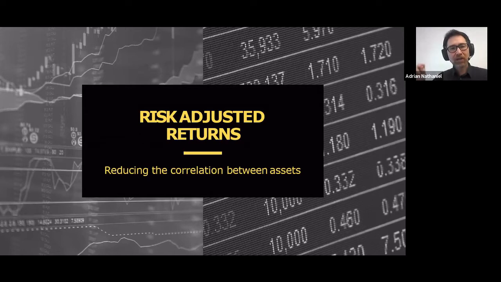Now, the issue there is that they've got high correlation with each other. If there's any sort of fear or short-term volatility, everything in that portfolio is going to be affected by that volatility, because they've got a high correlation with each other.